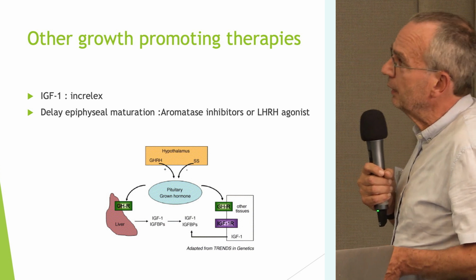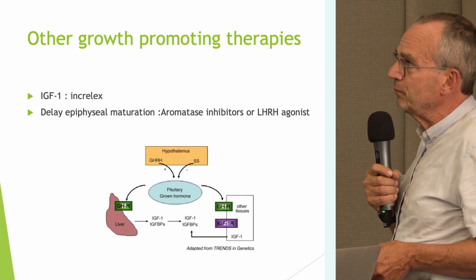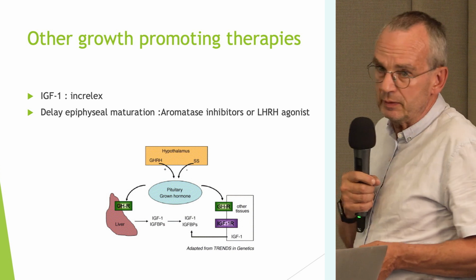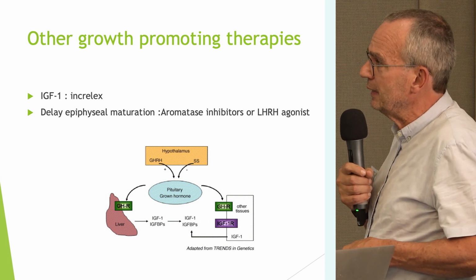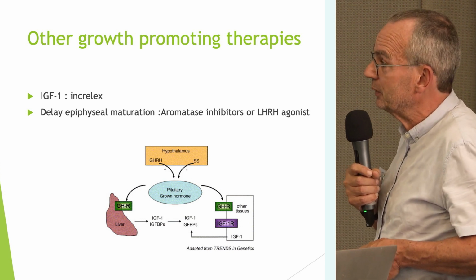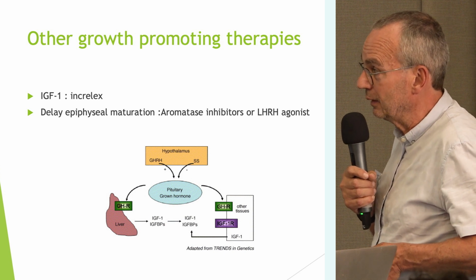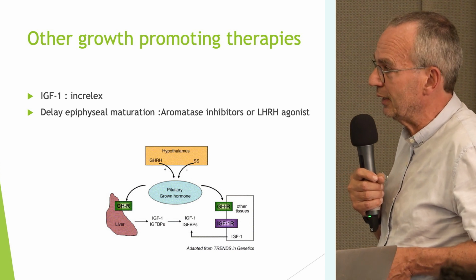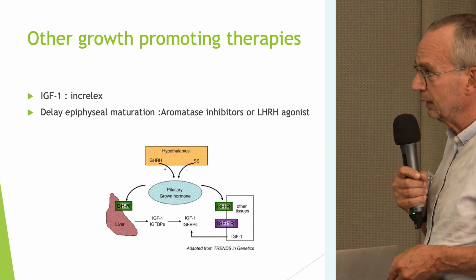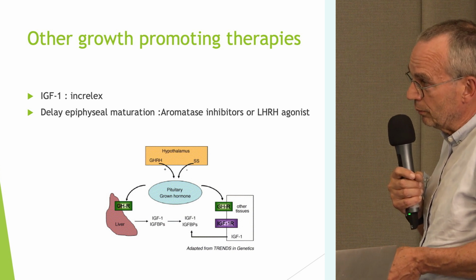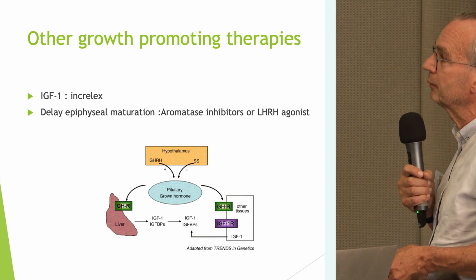So it's not growth hormone that makes us grow. As Daniel already showed, growth hormone is secreted by the pituitary, but is acting through a receptor on the liver where IGF-1 is produced, and it's mainly IGF-1 that will make the patients grow.